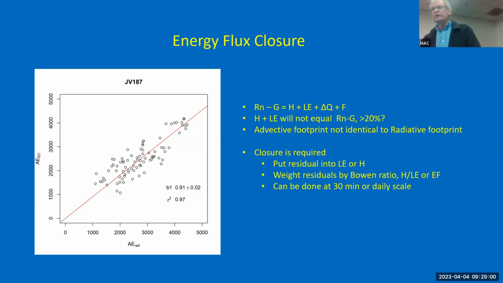And then F is your photosynthetic consumption of energy, usually less than 1%, a very small term. But that equation, which I listed there at the top, should balance to 0, and it never does. The question is, how badly does it not balance? If you run your analyses on your eddy covariance and you're getting less than 80% closure, you're in trouble.